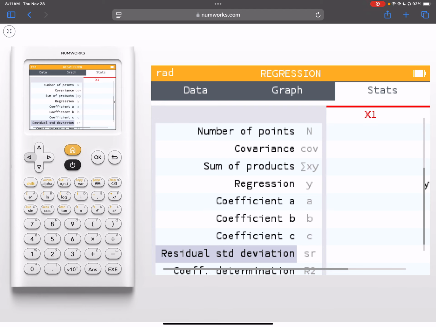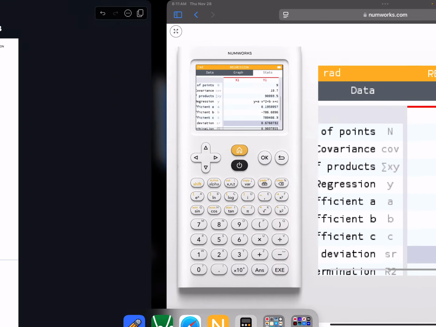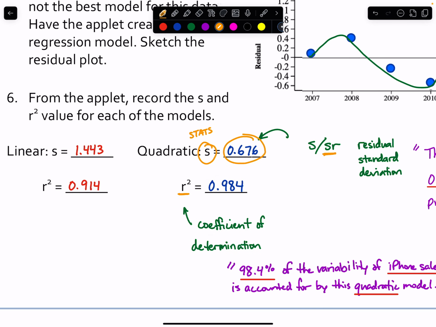The keyword you want to look out for is residual. Residual standard deviation, SR, 0.676. There it is. So that's in your stats, and in your calculator that shows up as SR, residual standard deviation.